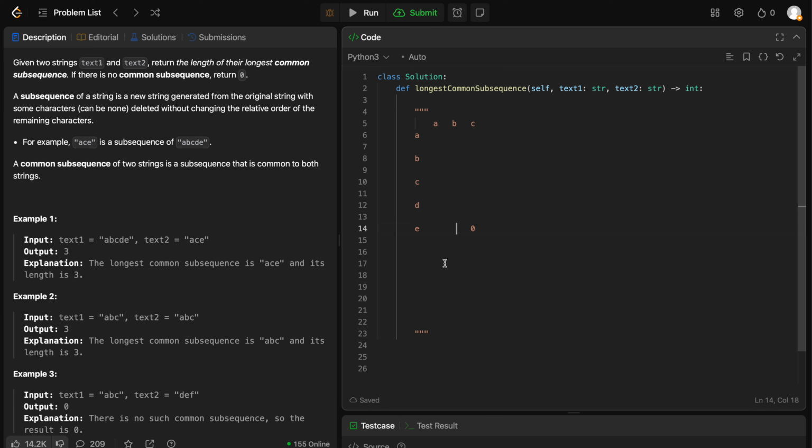So let's check what is the longest common subsequence between BC and E. And how can we calculate that? Well, we know it's 0, but is there any other way? What if this was, let's say, E?